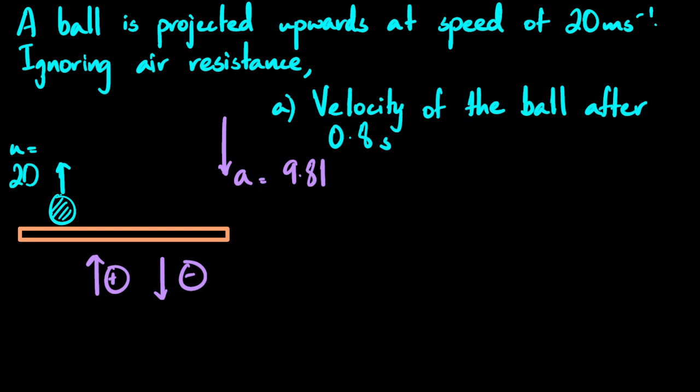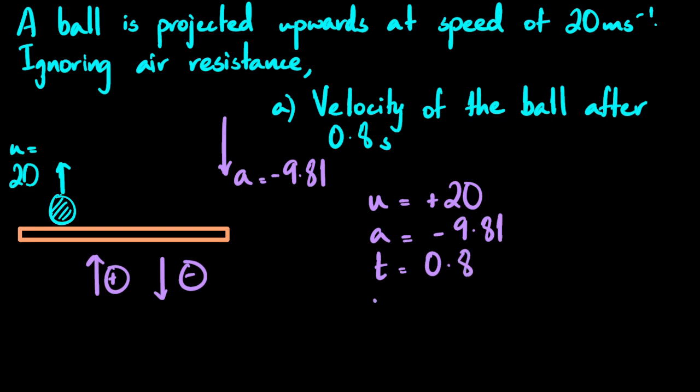So now let's try to understand what I have here. I know my u is 20, and since it's upwards, it's going to be positive 20. The acceleration is the acceleration due to gravity. Since it's downwards, it's going to be negative 9.81. And I want to find the velocity v of the ball after 0.8 seconds.